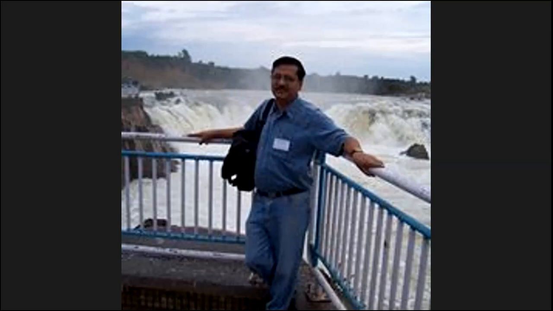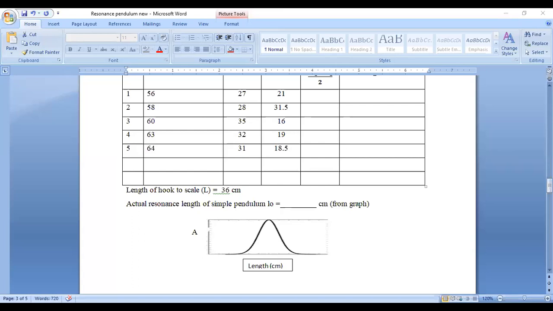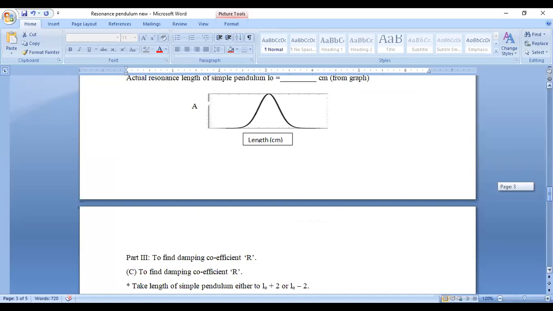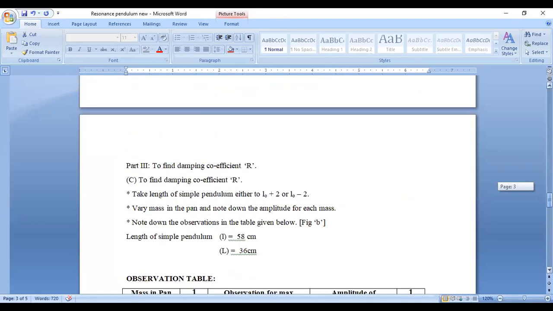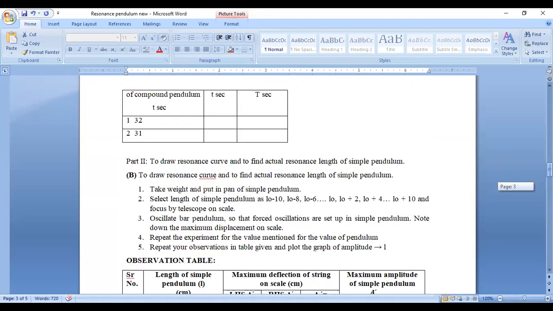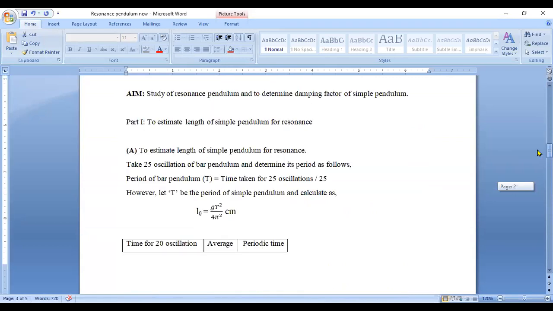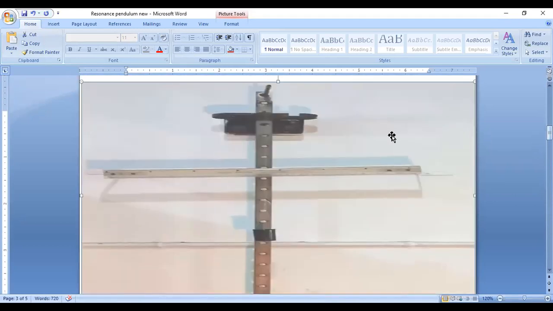The third part of the experiment is to find the damping coefficient. To find the damping coefficient, dear friends, you keep the length of the pendulum fixed. You don't change the length of the pendulum. It should be slightly less than the resonance length.